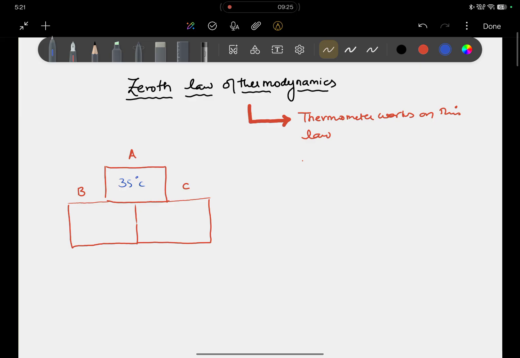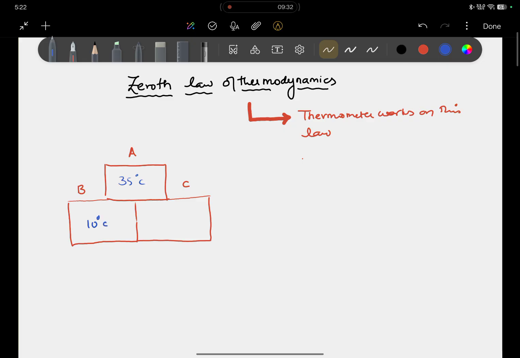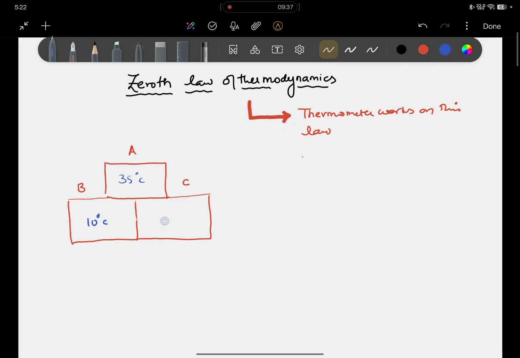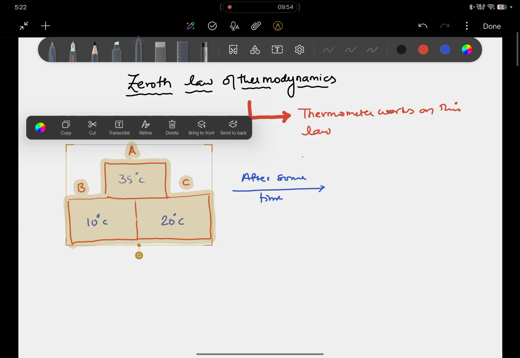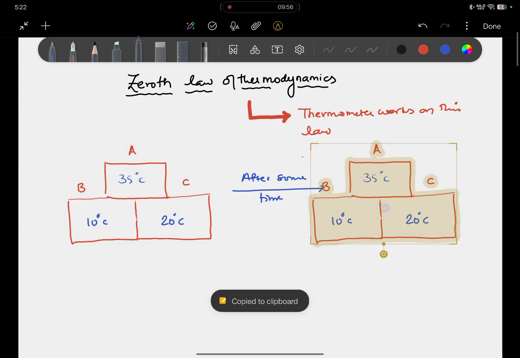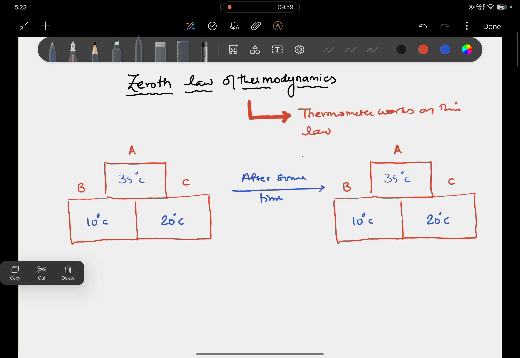A is having 35 degrees centigrade. Now I am going to bring B and C, where B is going to be at 10 degrees centigrade and C at 20 degrees centigrade. If I allow them to stay for some time, after some time, what do you think will happen to the temperatures?